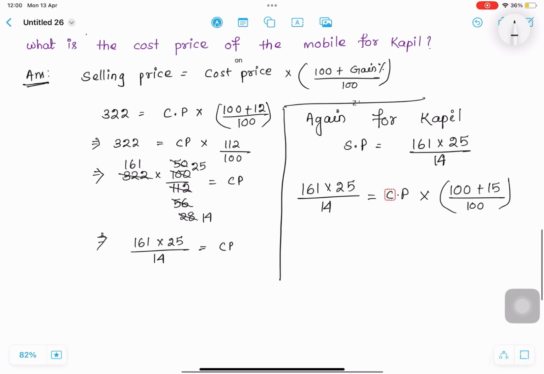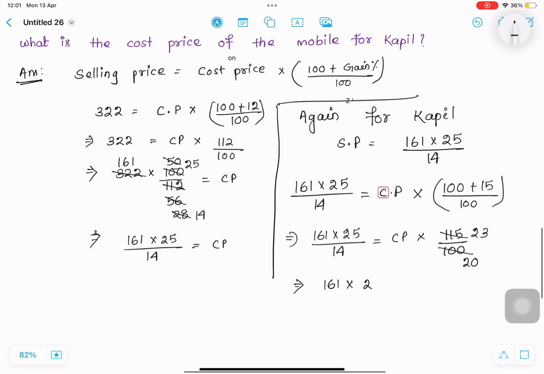So now we have to find the cost price. So 161 into 25 by 14 equal to cost price into 115 by 100. If we cut this with 5, this is 23, this is 20. Then we can write 161 into 25 by 14.